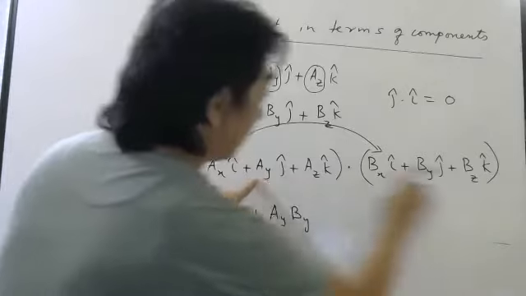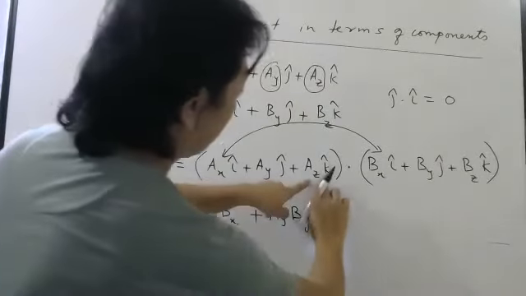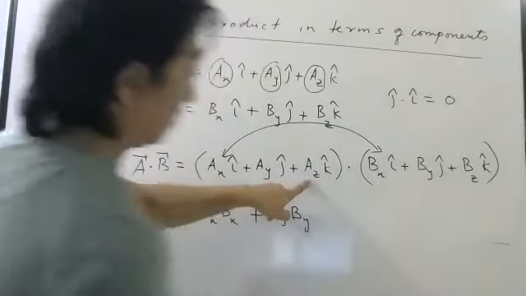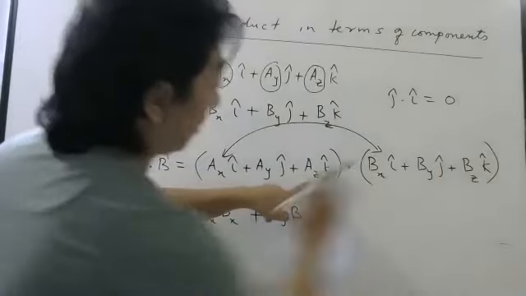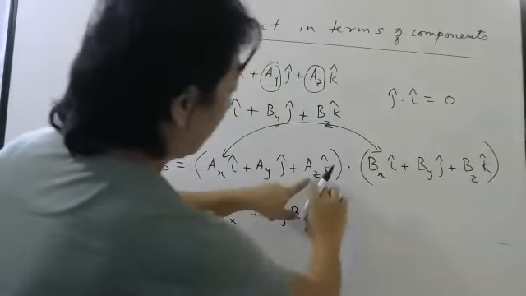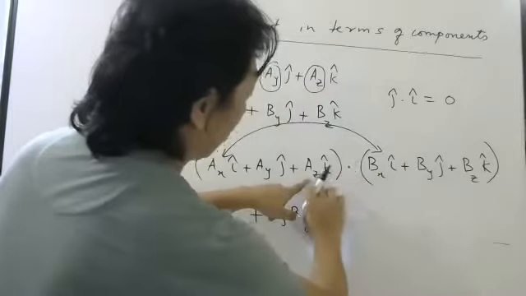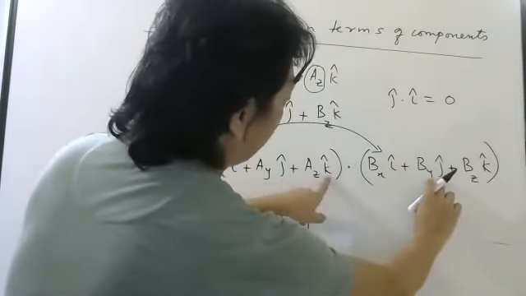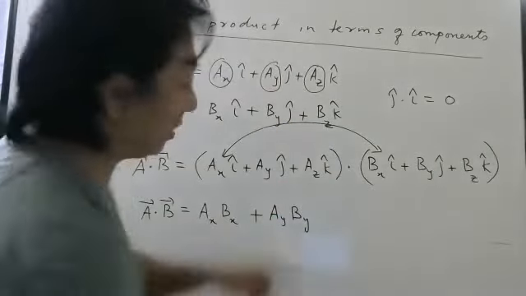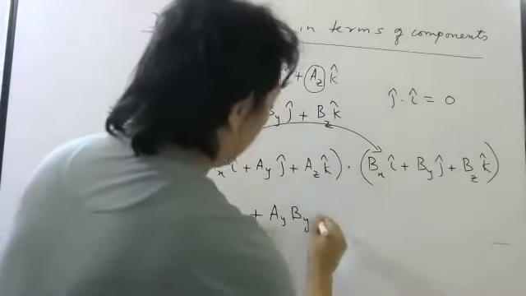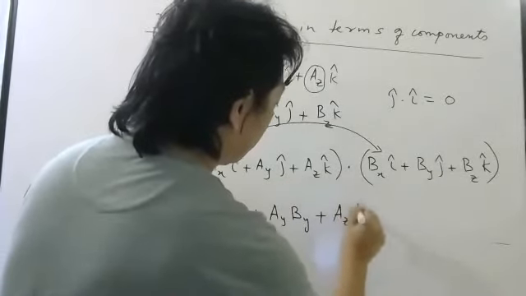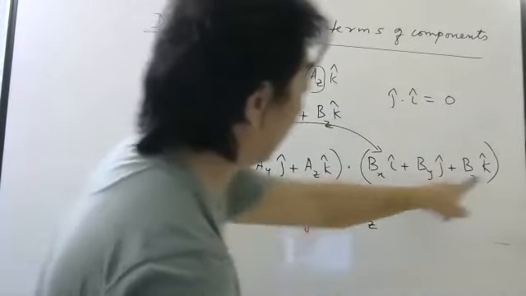Then again this will be 0. Third term, k cap dot i cap, perpendicular, so 0 dot product. This dot this, k cap dot j cap, again 0 because they are perpendicular. AZ BZ, and k cap dot k cap is 1.